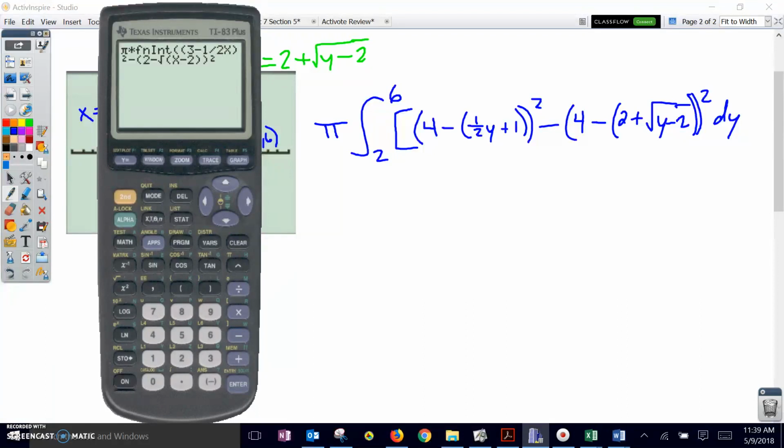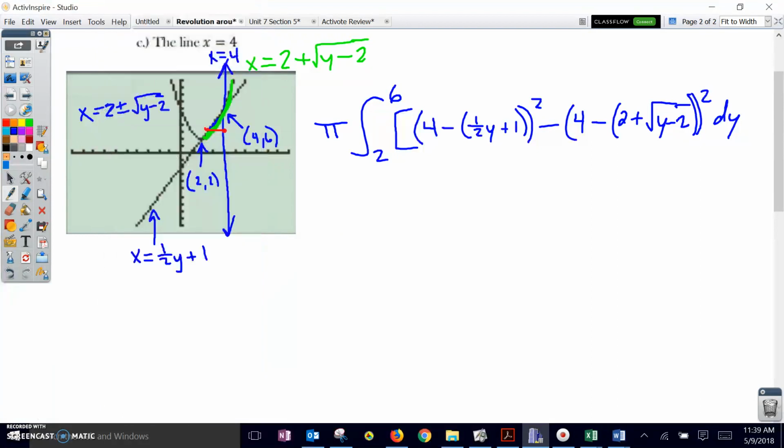Let's square that. Integrate with respect to x from 2 to 6. All right, took a little bit of time, but we end up with 8.378 as our volume for this solid.